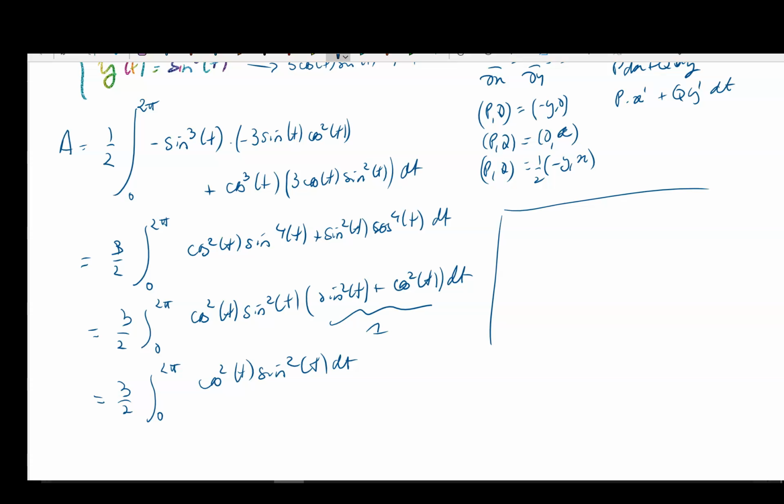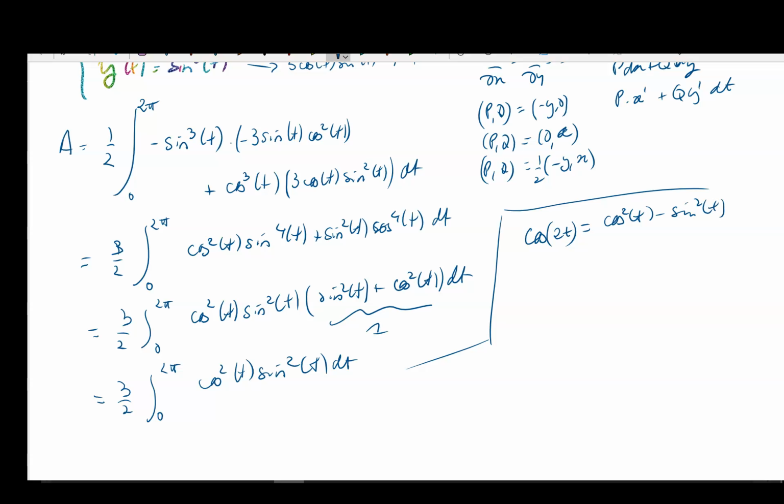So let's use some formulas to deal with that one. Okay, so well, that's one example. You could probably use other tricks like integration by parts or something like that. All right, so let's use the double angle formula. That's a very useful one when you have even powers of the trigonometric functions. So you know that cosine of 2t is cos square of t minus sine square of t.